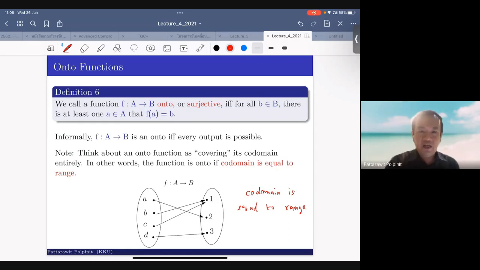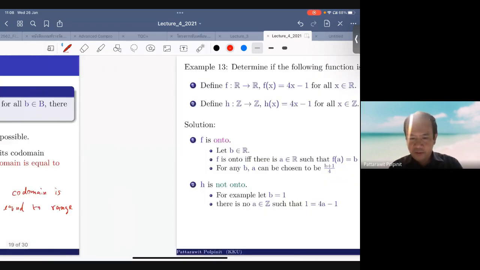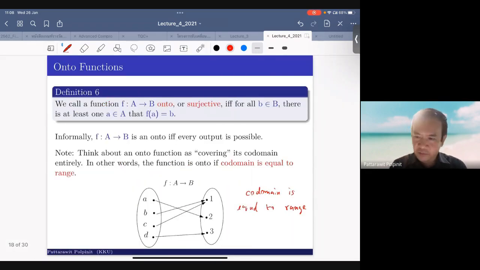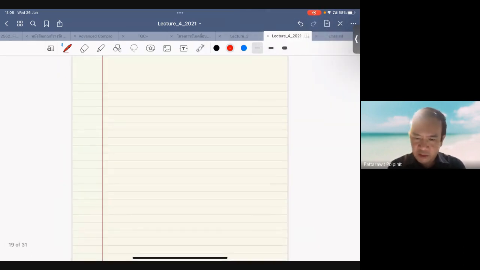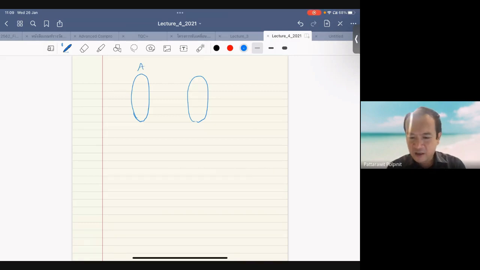So let's say I have more examples, but I will give you one more example. There may be some tricky questions. For example, let's say that A and B, so g.